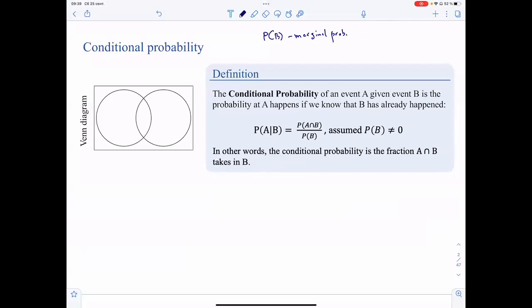And that's a pretty smart idea, because look, here's event A, here's event B, and someone told you that event B has happened. So the only option to observe that random event A happens as well is to be in this area that is crossed with the dark blue lines.